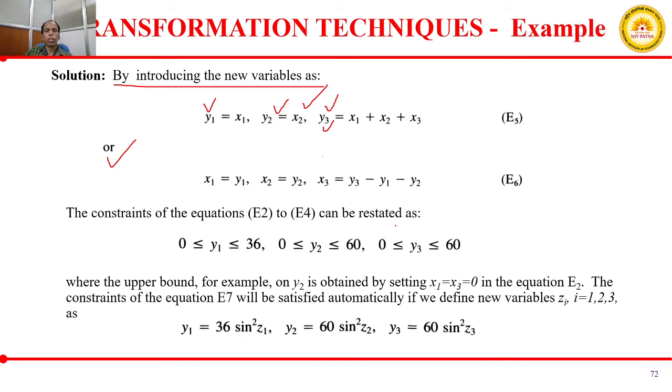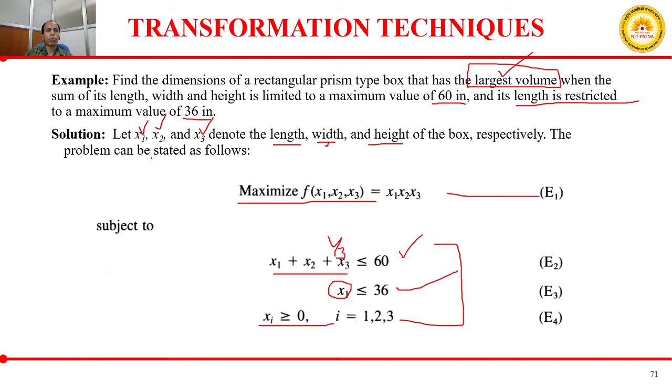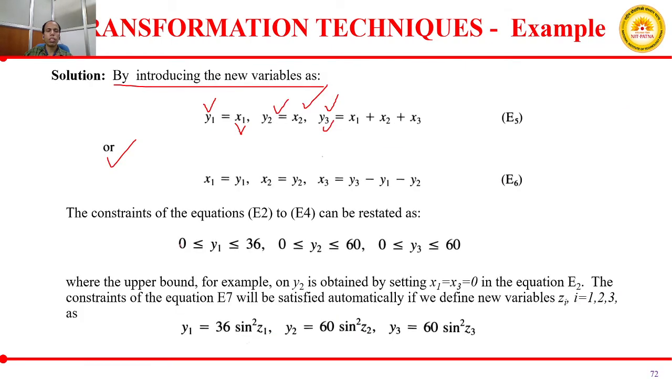Because y1 is your x1, and the maximum value of x1 is 36, y1 will be between 0 and 36. It can take any value from 0 to 36.